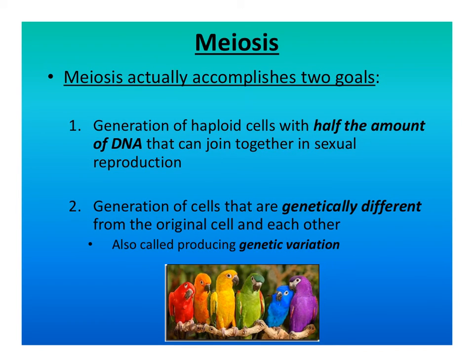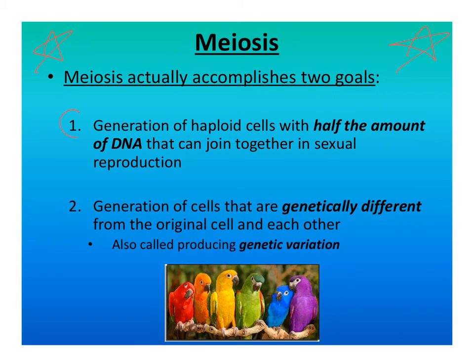Now this is a really important slide. Meiosis actually accomplishes 2 goals for the organism, one of which I've mentioned several times already throughout these first few slides, but the second one I haven't mentioned yet and is probably just as important, if not more important, than the first.